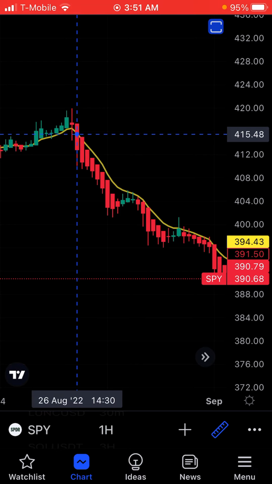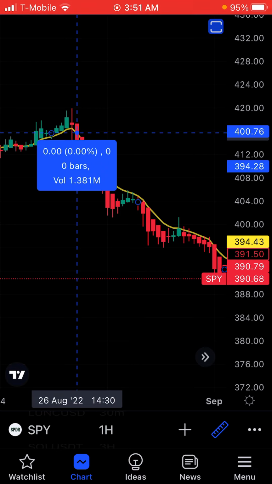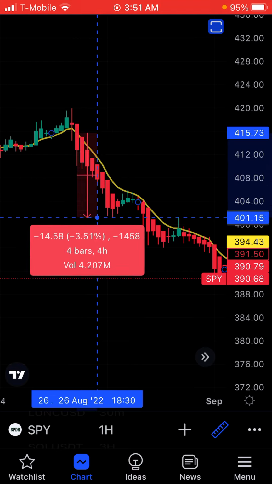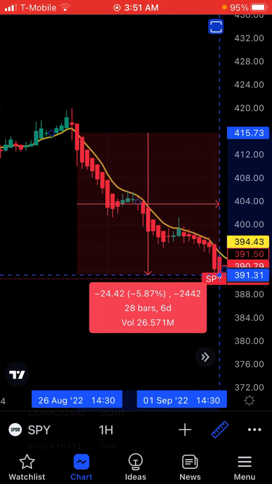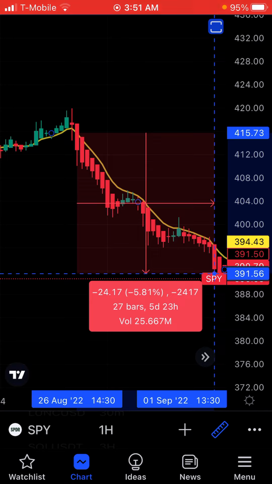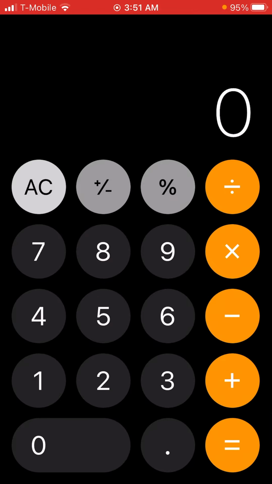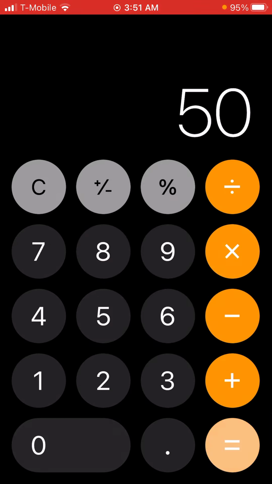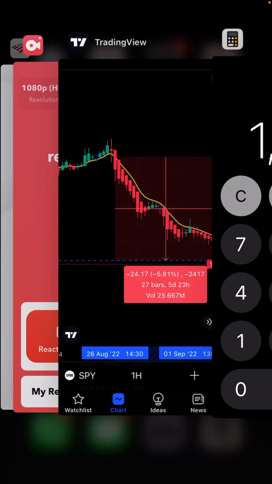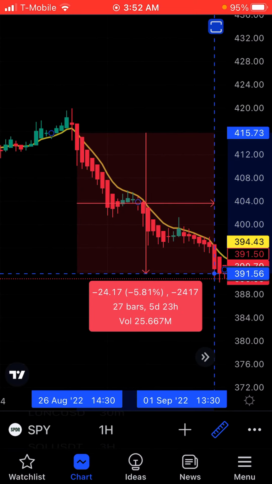So if you bought a contract right here and caught all this down movement, so this is 5 days. So that's 24.17. So that was a good run. 24.17. That's $1,200 right there.